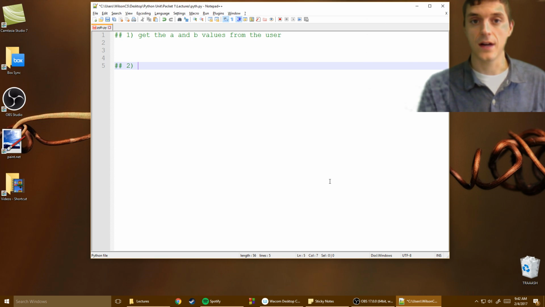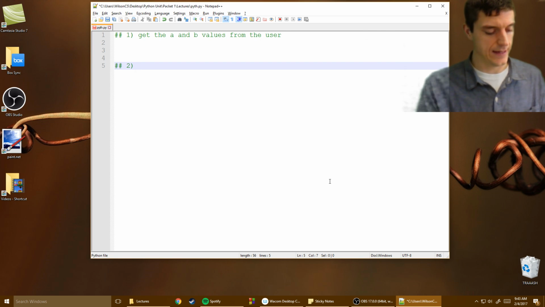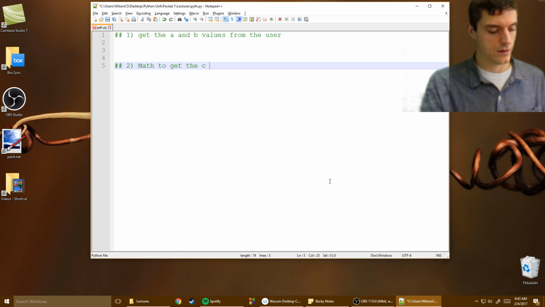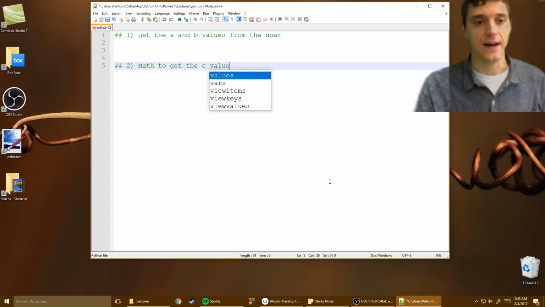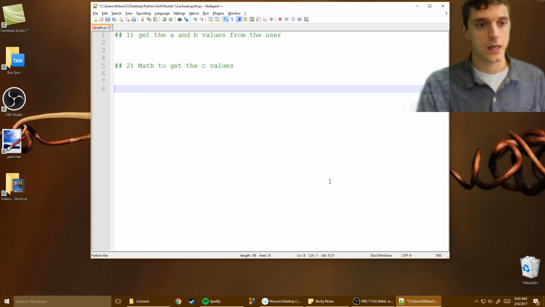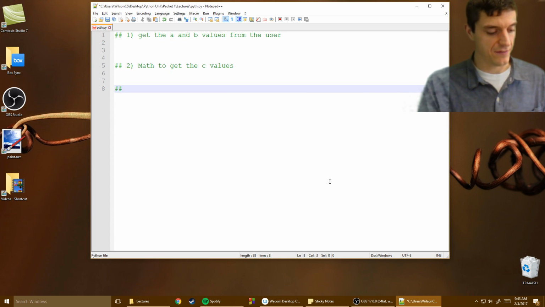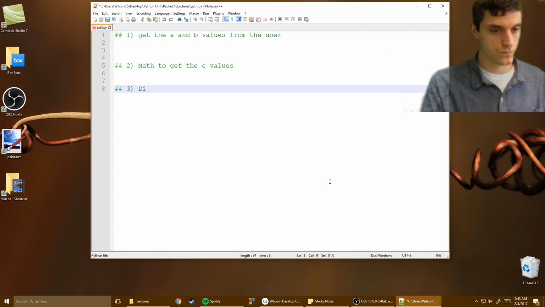If you have two of those, it won't affect your code. So the second thing I'm going to do is, now that I have the A and B values, I'm going to do some math to get the C value. And then finally, my final step is I'm going to basically print out a message.